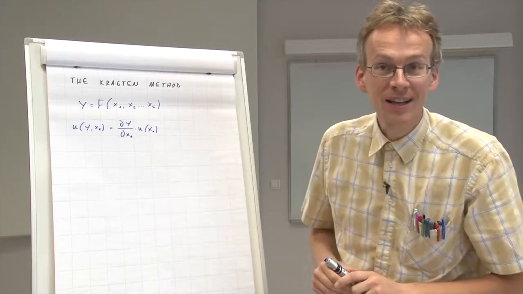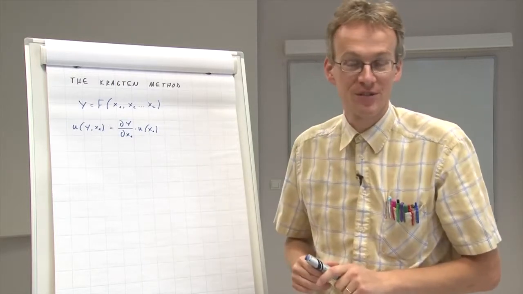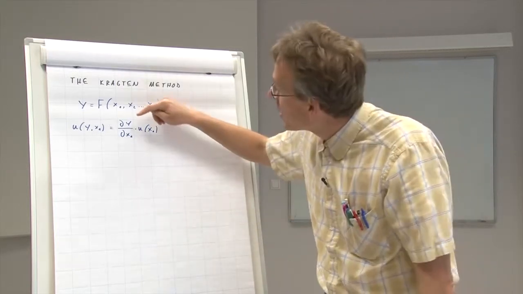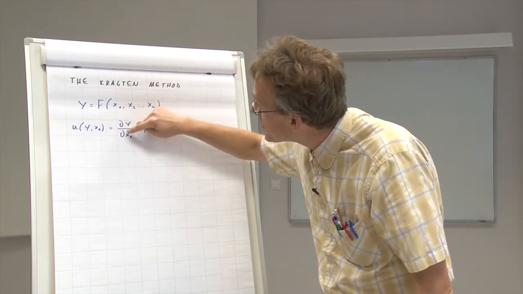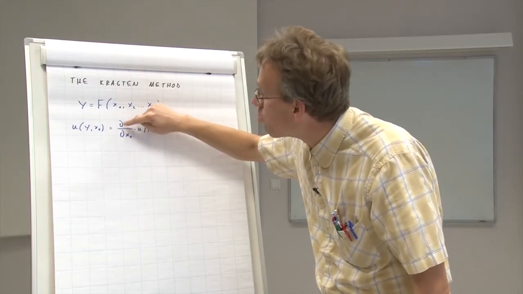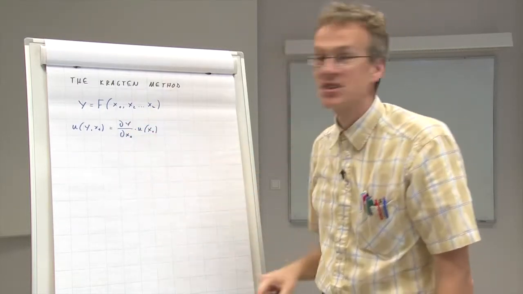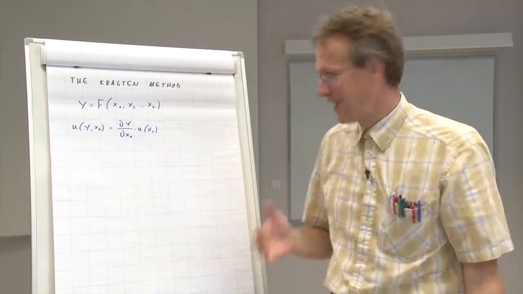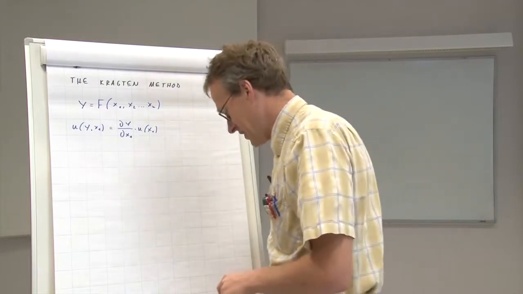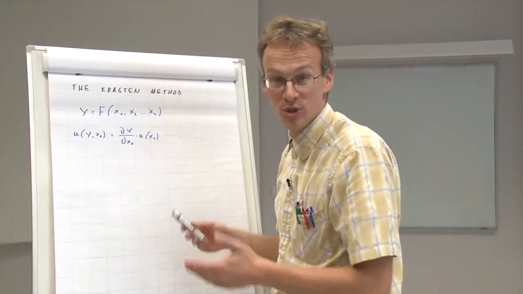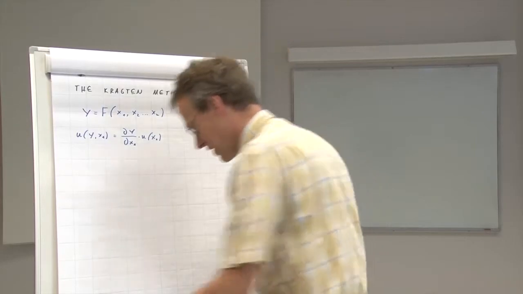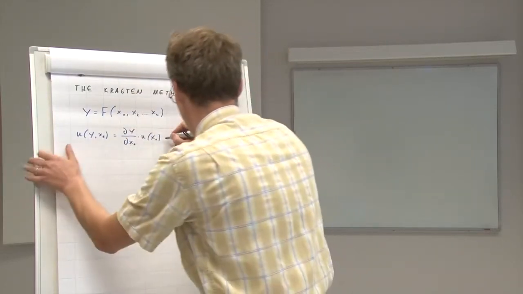And whenever we calculate partial derivatives numerically, we replace these infinitesimally small changes, or infinitesimally small deltas, by finite deltas, so that the essence of the approximation that is made in this case is the following.